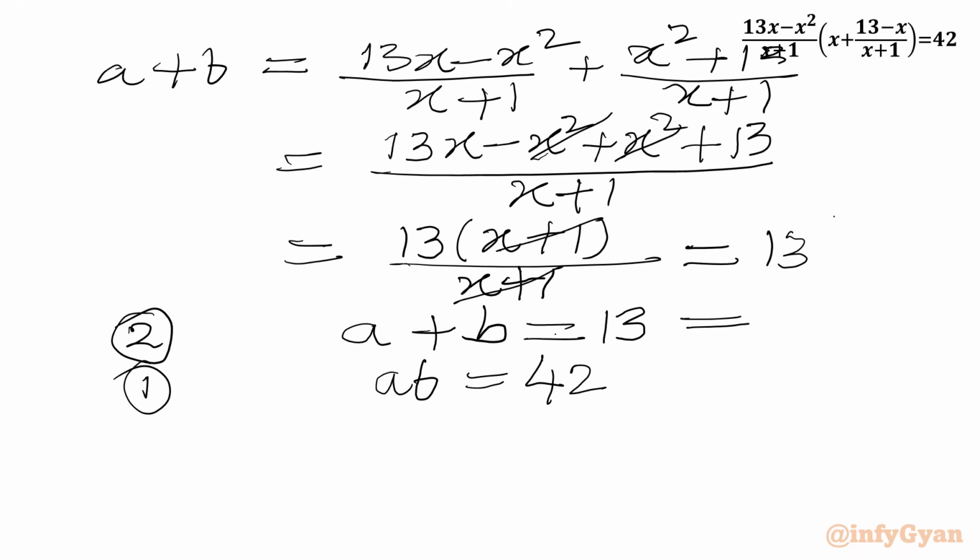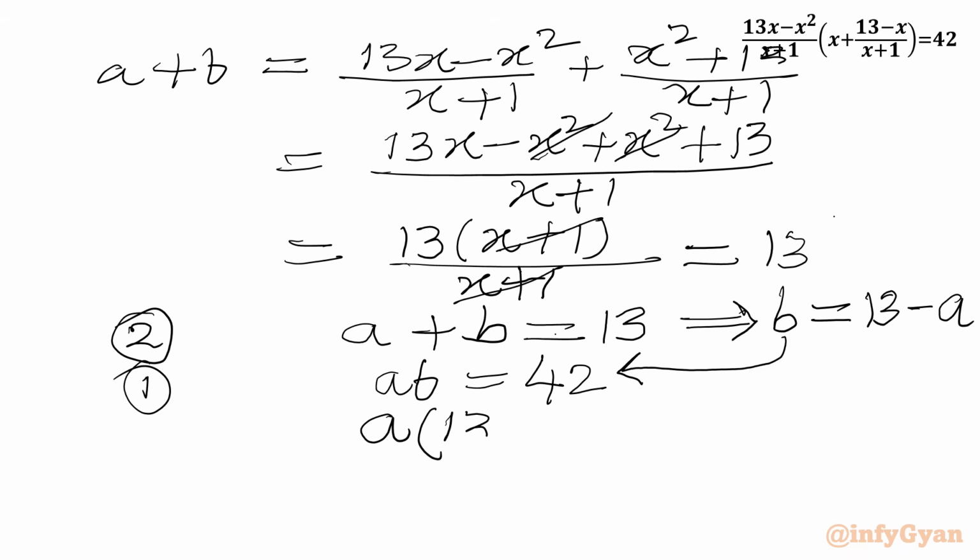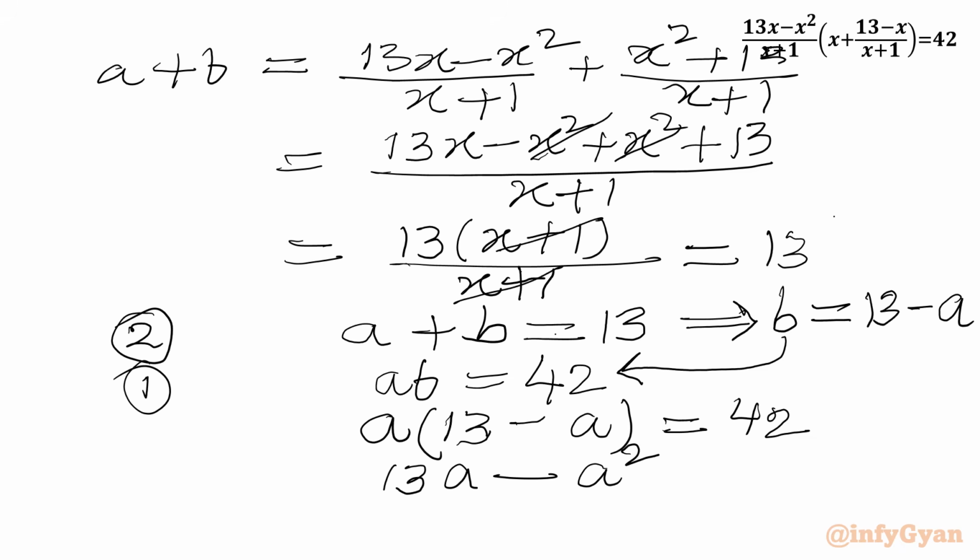Now from this equation, if I find the value of b in terms of a, we can write 13 minus a, which we will apply over here. So our equation can be written as a times (13 minus a) equal to 42, or 13a minus a square equal to 42.